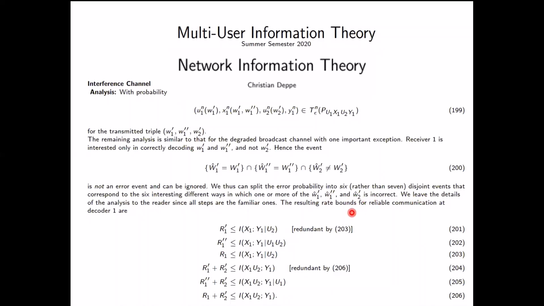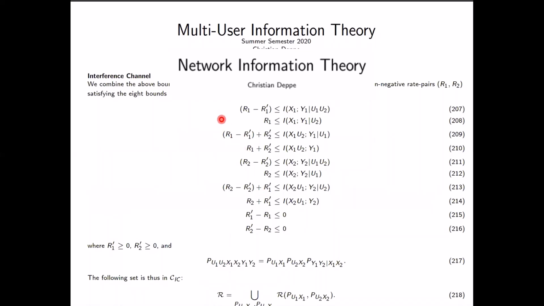So doing this, we follow our typical analysis. So I think you should be used to this. And doing this, we get this result here, only for these 6 events. And we combine both bounds with those for receiver 2, again 6 events.